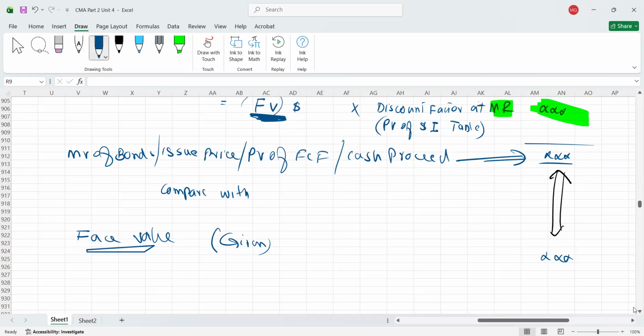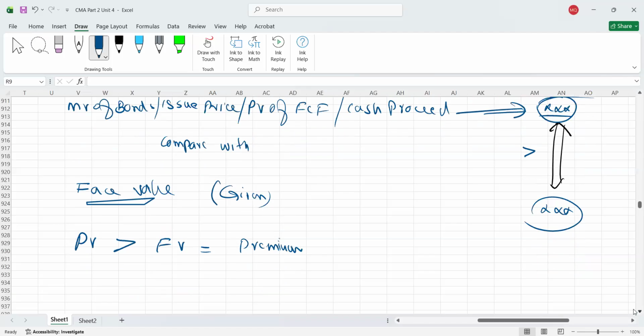If this figure is greater than this figure, in simple terms, if present values are greater than face value, this is called the amount of premium. The difference is premium. But if the present values are lower than face value, this is called the amount of discount.